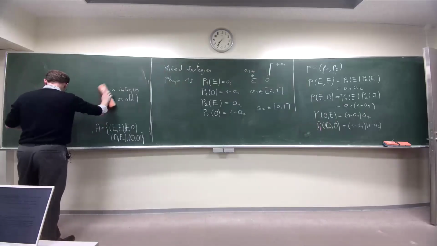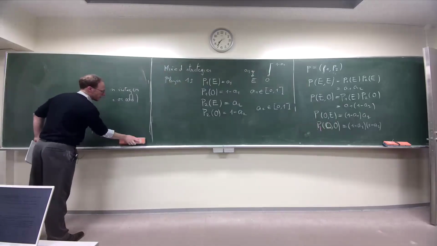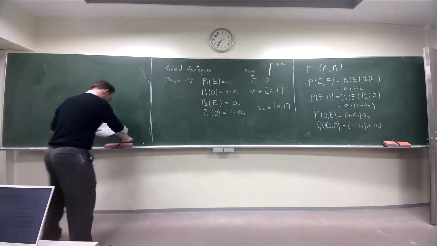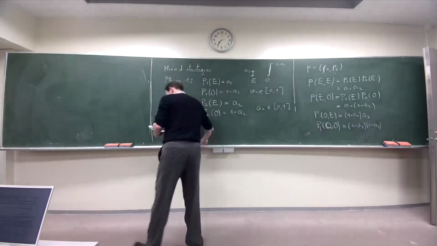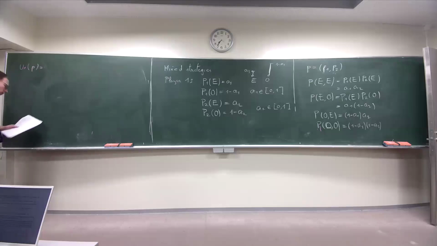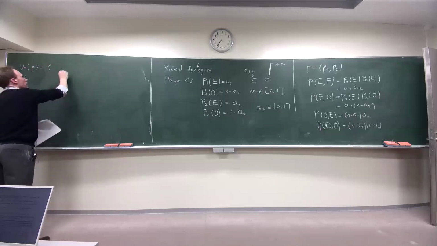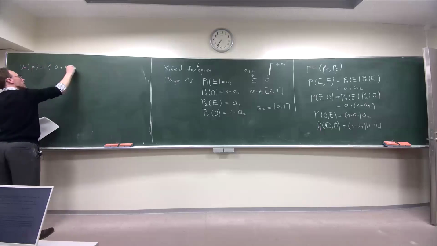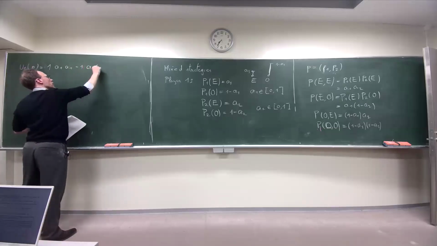Then I need to compute the red guy, the utility. So I need to compute U1 of this P. Now again, you look at the formula. Let me write it and I will explain.